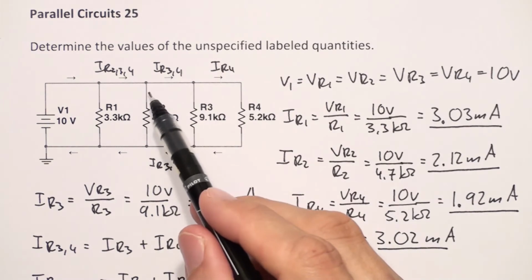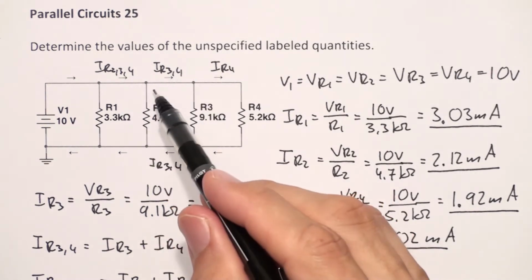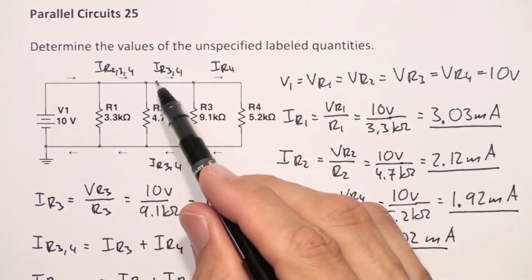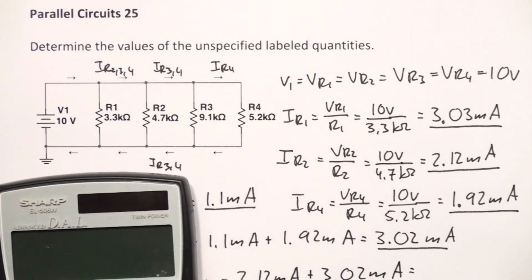So this current plus this current will give me this current. IR2 we've found is equal to 2.12 milliamps plus IR3 4 we've found is equal to 3.02 milliamps. We can use the calculator.